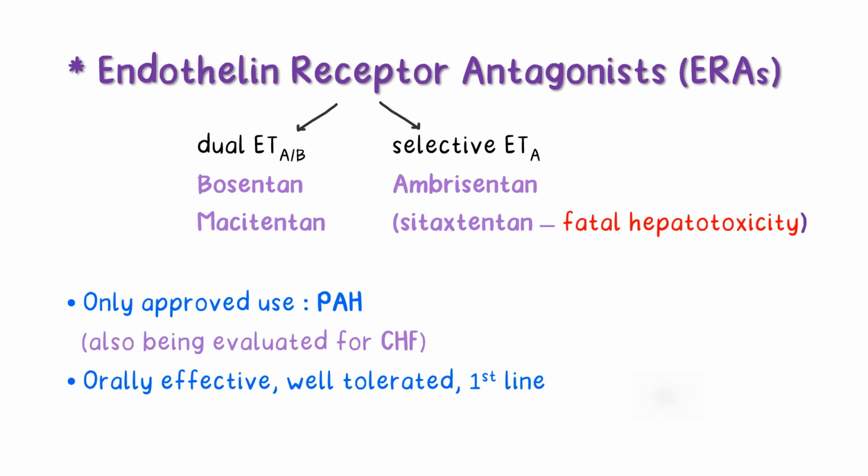Endothelin receptor antagonists are orally effective, well tolerated, newer, and one of the first line drugs for treatment of pulmonary artery hypertension. They decrease pulmonary artery pressure, improve hemodynamics, and increase exercise capacity.